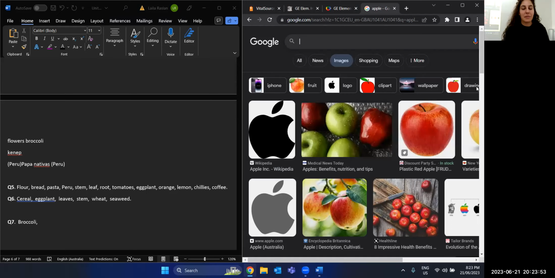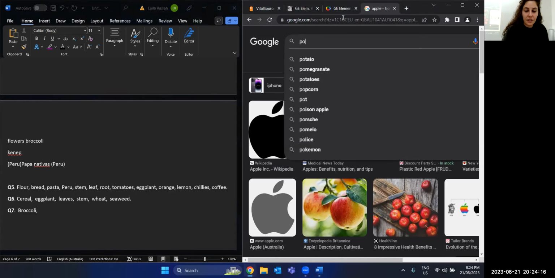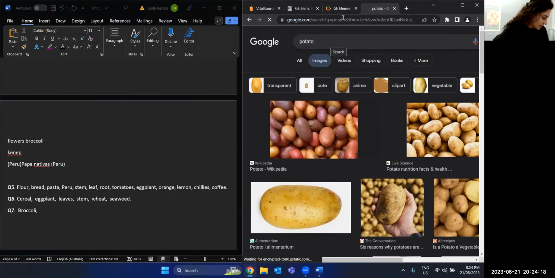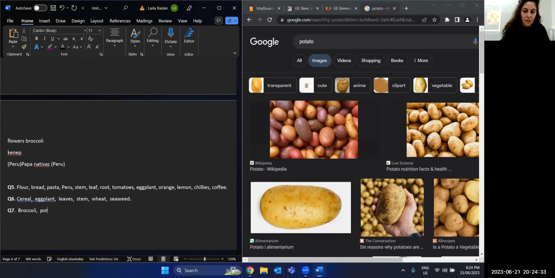Lettuce. We did that one in our video. You have to pick something different. Okay. Potato? Yeah, is this leaf, stem, or root? Yeah, because it's grown underground, same like carrot. So the potato is root.